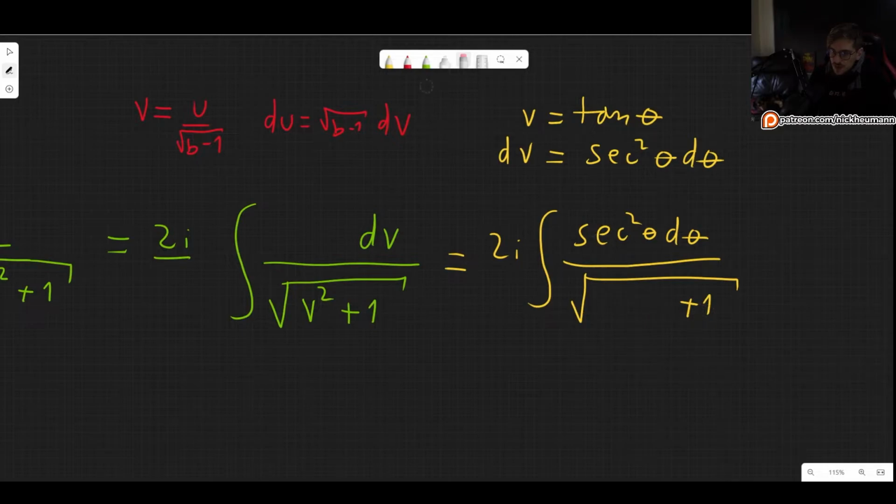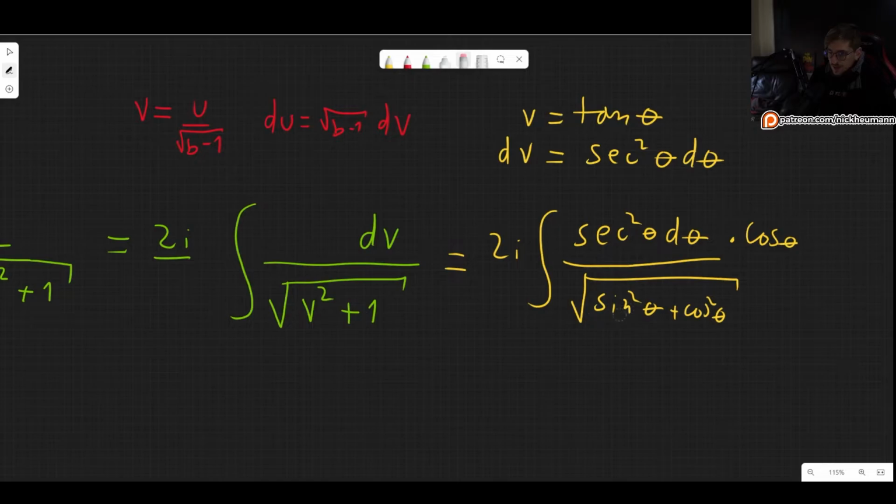The tangent squared is simply sine squared of theta over cosine squared of theta. And here we have plus 1, so we can take common denominator, and we get sine squared plus cosine squared theta, that is 1. And since we are dividing by the cosine squared, and it is inside of a square root, it ends up multiplying as simply cosine theta.